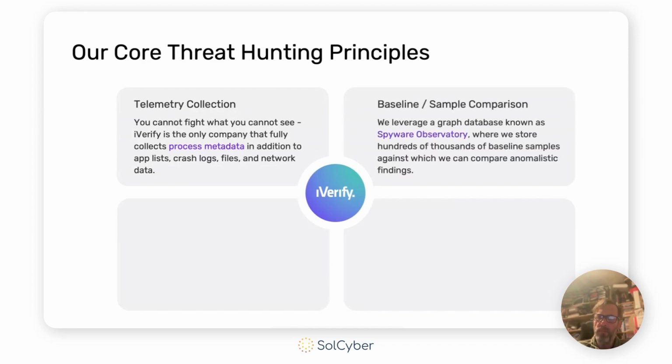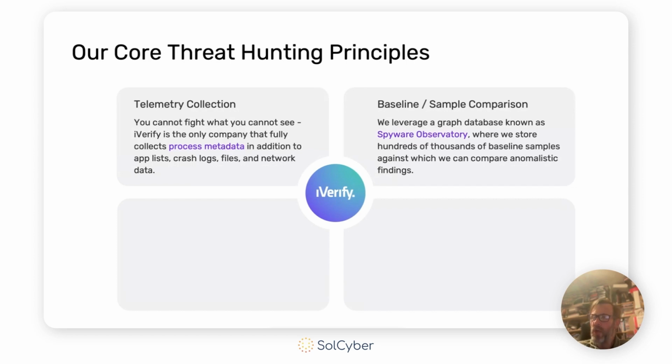We also, more importantly, have a baseline and sample comparison capability that we call our spyware observatory, and our knowledge base here, that we know on every version of iOS and running on every piece of hardware, because there are differences in iPhones. They have different chipsets in them, things like that, which means there are different versions of software running in these things.